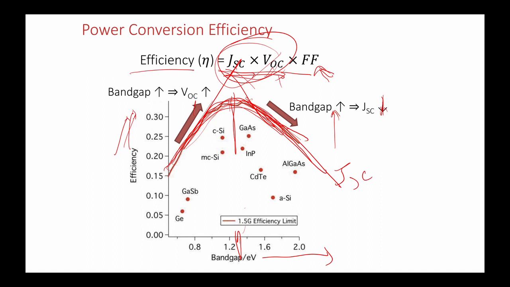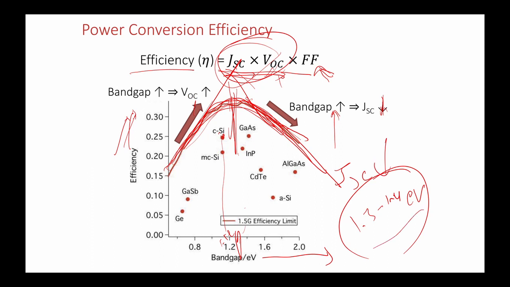The silicon solar cell has a band gap of around 1.1 electron volt, and this maxima we can get around 1.3 or 1.4 electron volts. Around this band gap, we can get a maximum efficiency solar cell.